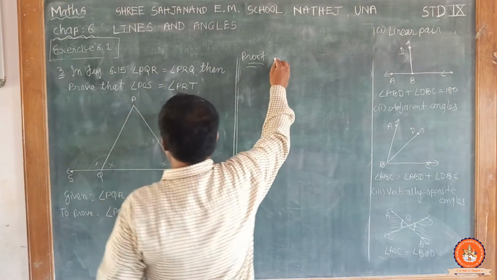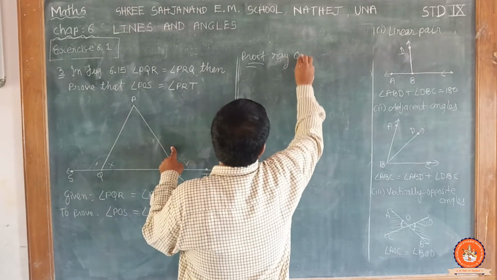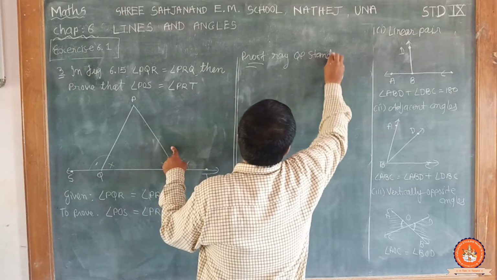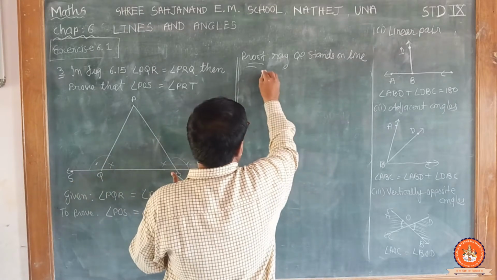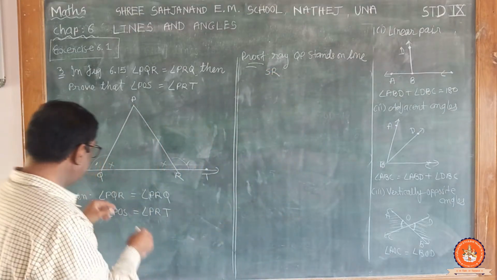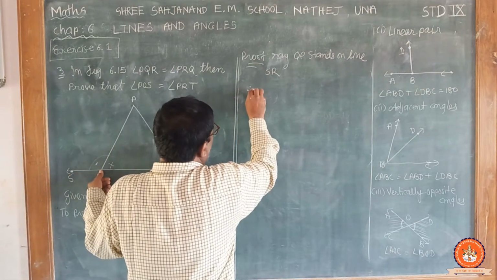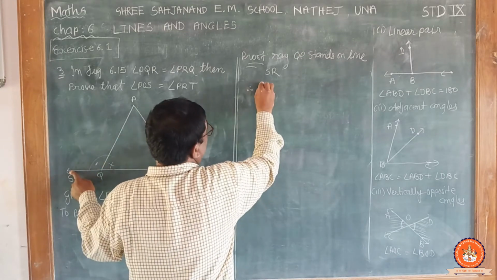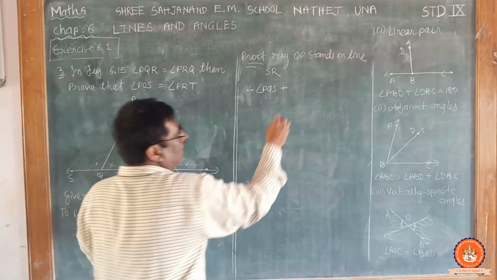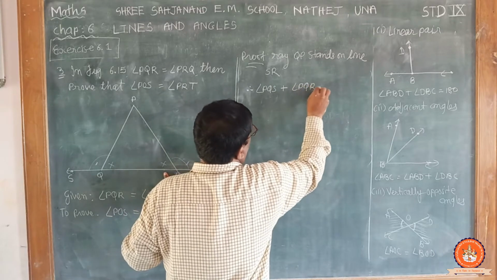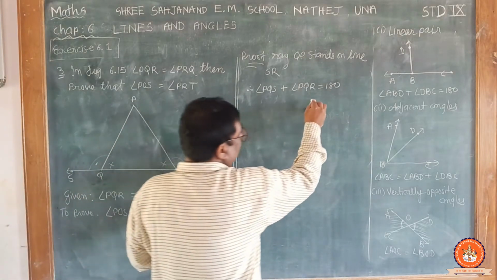So we can say that ray QP stands on line SR. Okay, we can see that ray QP stands on line SR, and therefore angle PQS plus angle PQR is equal to 180, because they form a linear pair, rather a linear angle.